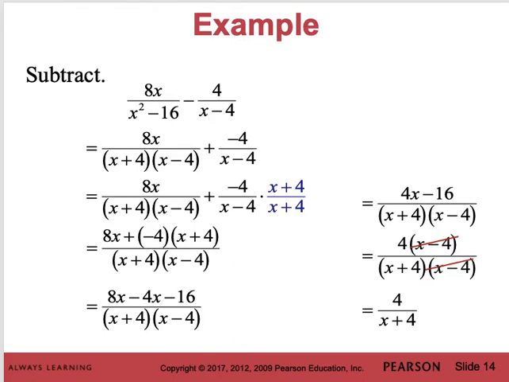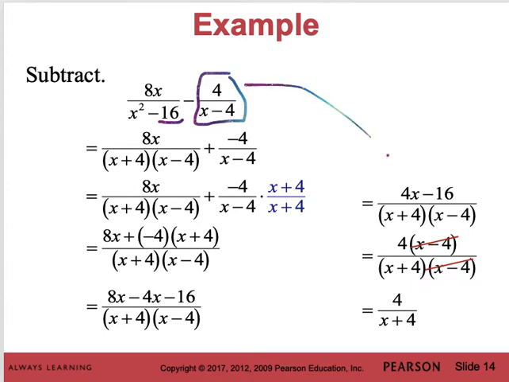It's our last example here. We want to find the least common denominator first. So x squared minus 16, this is a squared minus b squared, because I noticed 16 is a perfect square. So we have x plus 4 times x minus 4, and on the right fraction here we only have x minus 4.